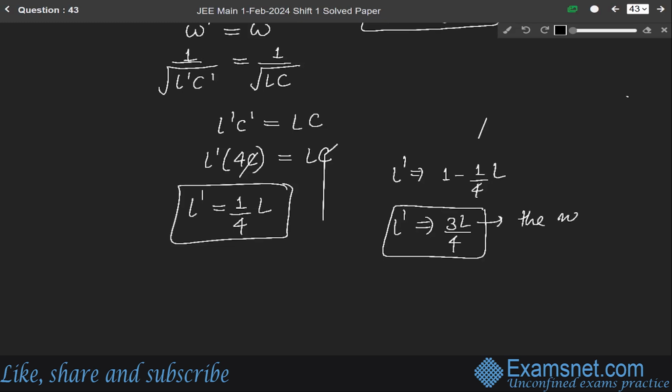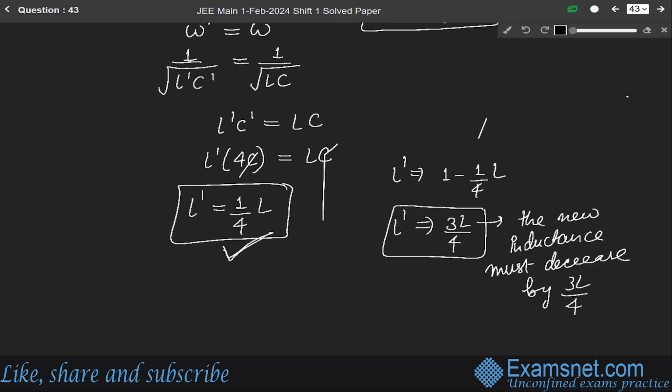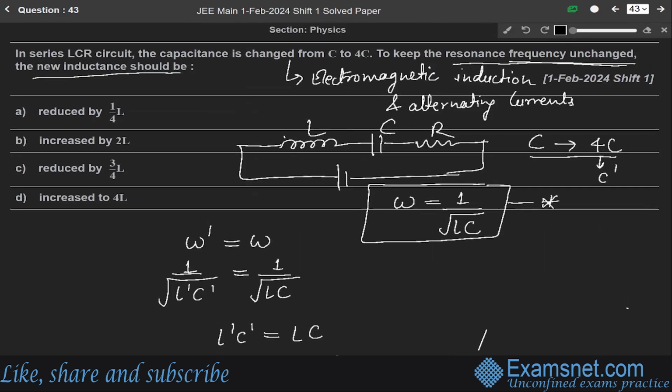The new inductance must decrease by 3L by 4 to make it 1 by 4L, because at 1 by 4L the resonance frequency remains unchanged, so it must be reduced by 3 by 4L.